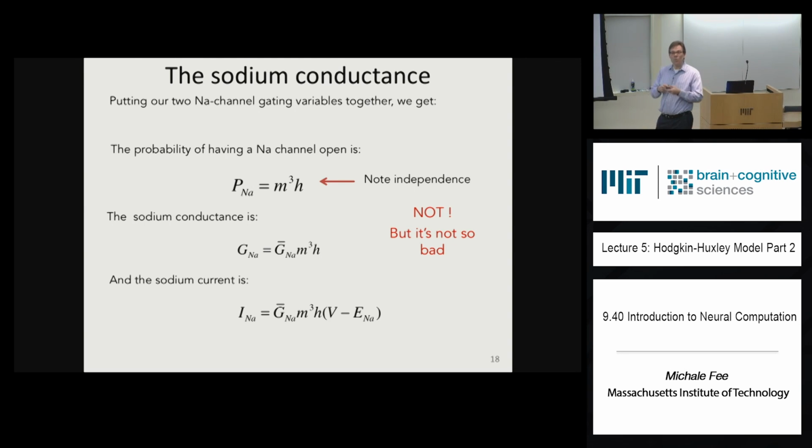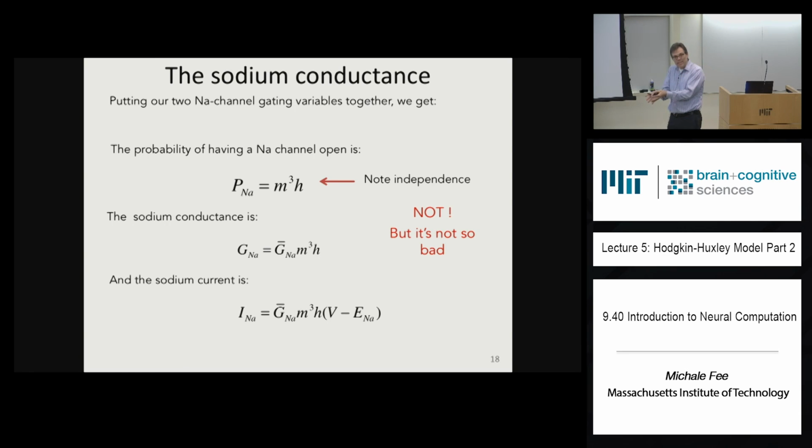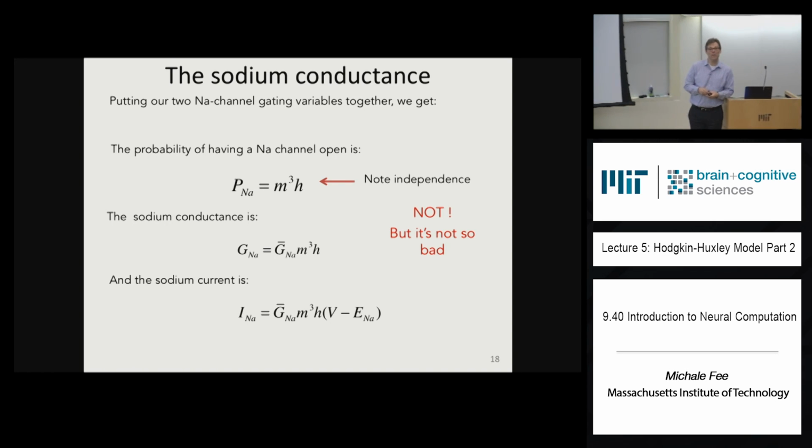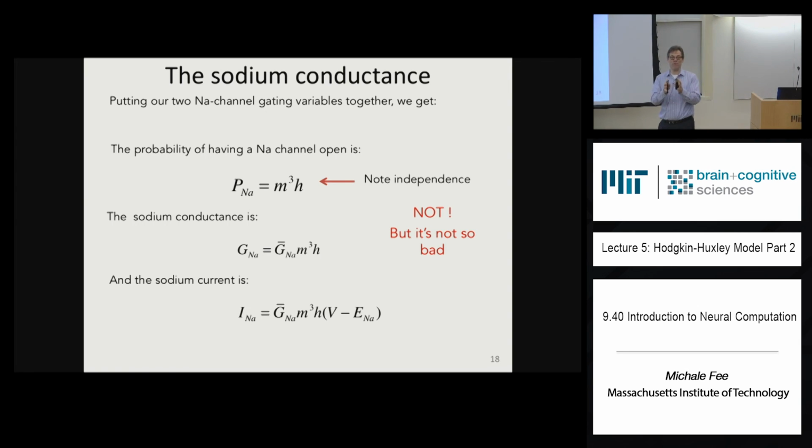It's one single protein, but it has these transmembrane alpha helices that act as multiple voltage sensors, and they act somewhat independently, but still a little bit cooperatively, and that's where this m cubed comes from. But you're right. The potassium channel actually has 4 separate subunits that form a tetramer. The sodium channel is all one big protein. That's right.